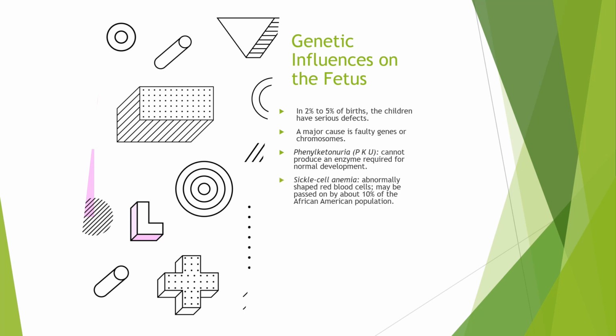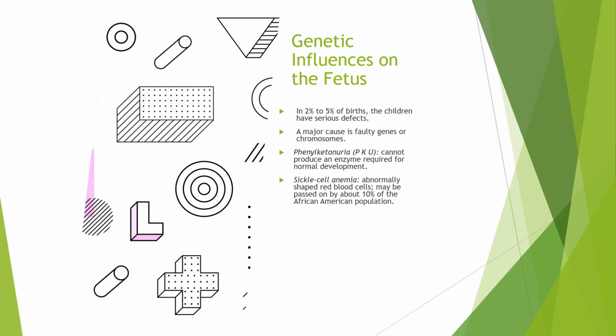A fetus could also have sickle cell anemia. This is abnormally shaped red blood cells that may be passed on by about 10% of the African American population. So you tend to see sickle cell anemia more often in African American babies than in Caucasian or other babies.